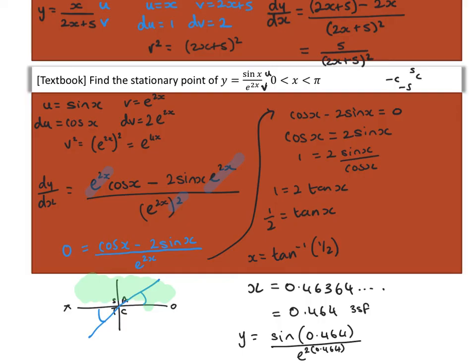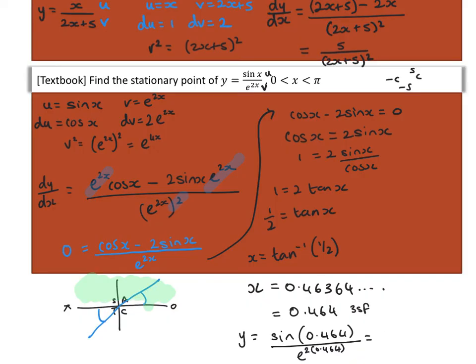And what I'm actually going to do is in my calculator, this is currently my answer. So in my calculator, I'm actually going to write sine answer over e to the power of 2 lots of, sorry, not shift, 2 lots of answer.